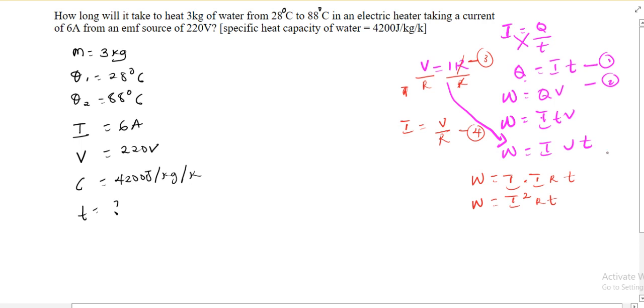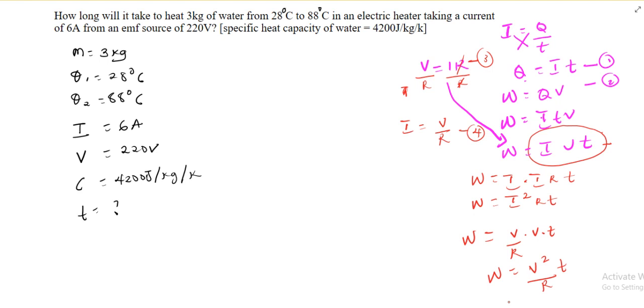Putting 4 into the first formula again, you have W equals to I, which is now V over R, multiplied by V, then times T. This will give us W equals V squared over R, then T. So you can get all these formulas by just changing the formula of various parameters.